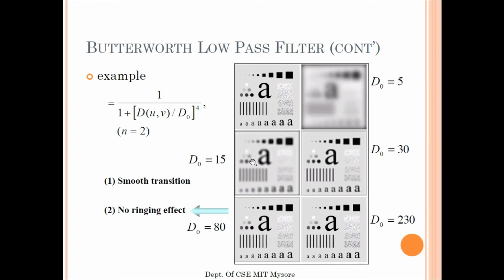Then if D0 is 15, there is a small ringing effect and there is a blurring effect. If you change the cutoff frequency to 80, then there is no ringing effect and no blurring effect. For the output of the Butterworth low pass filter with D0 equal to 230, the output image looks very similar to the input image.